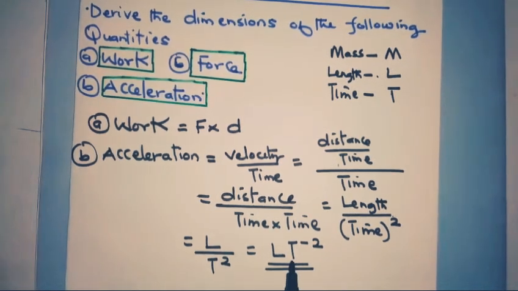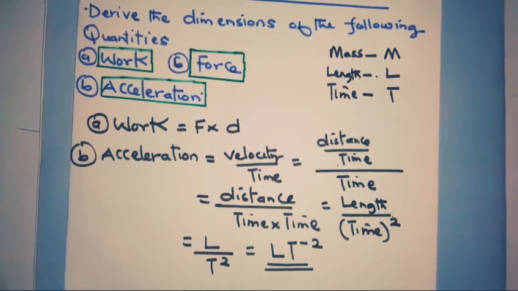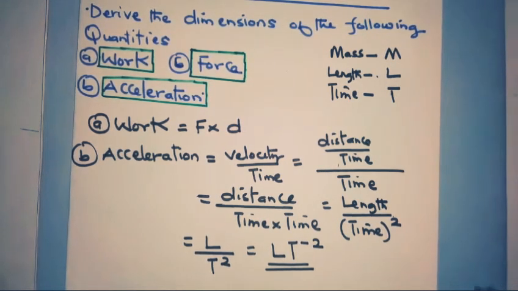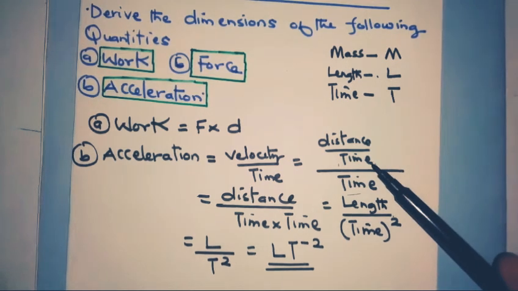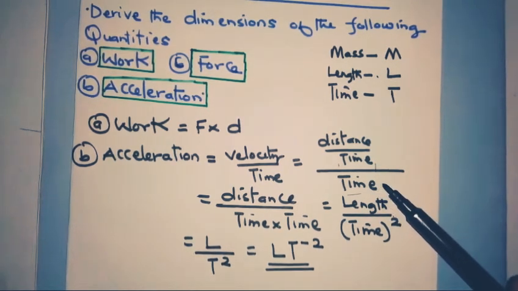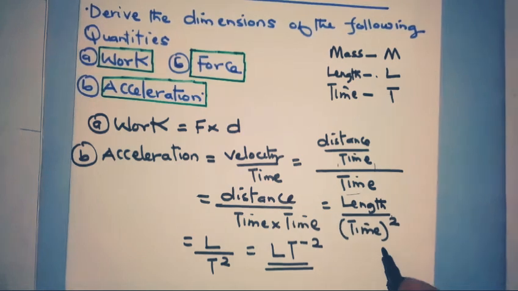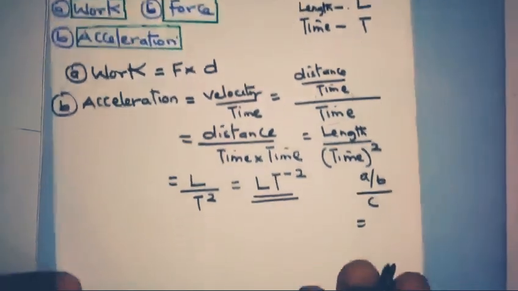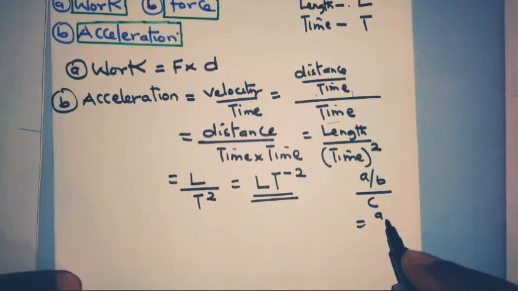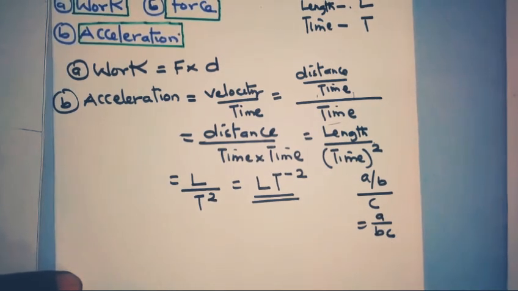Now it's from these dimensions that you are able to get the units for that derived quantity. Hopefully you should understand that, and you need to seriously take note of this manipulation which we did here. We have this denominator coming down to meet the other denominator. So if you have A over B all over C, what it should actually be is A over BC.